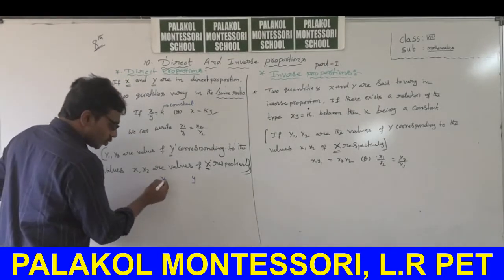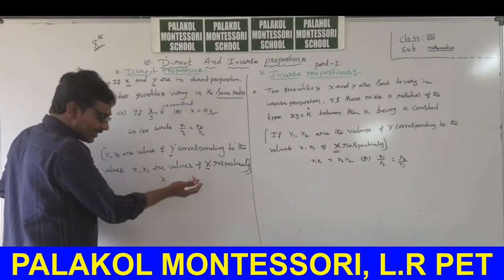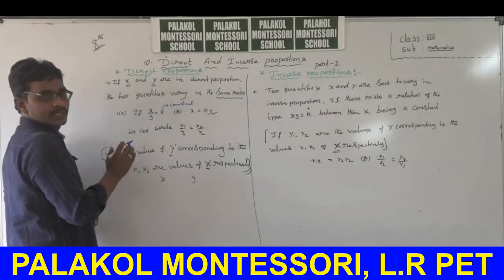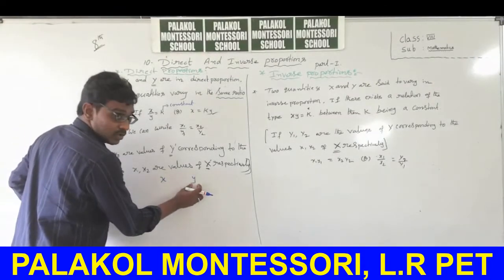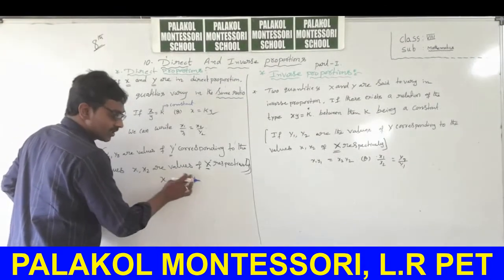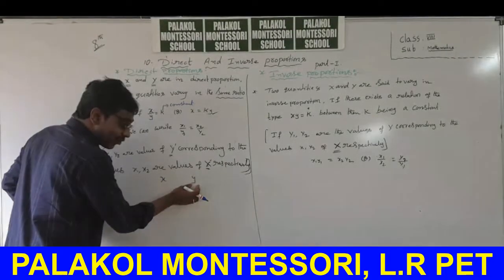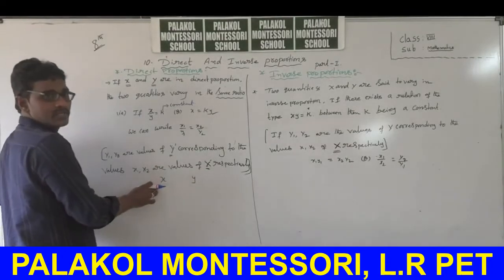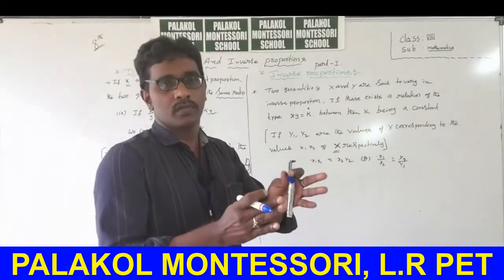So of these two quantities, one quantity depends on the other. x is the first quantity, y is the second quantity. The second quantity depends on the first quantity, and the first also depends on the second, that means the two mutually depend on each other.